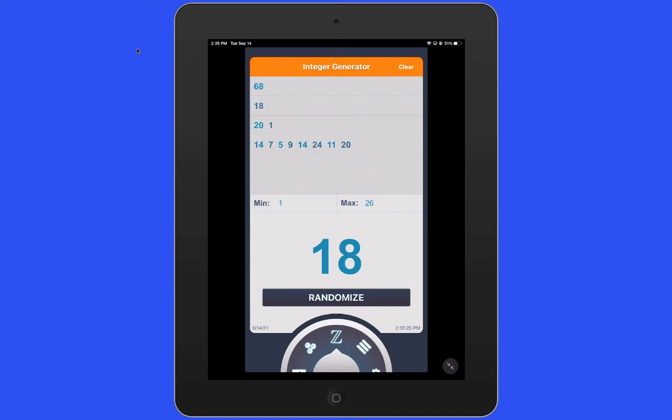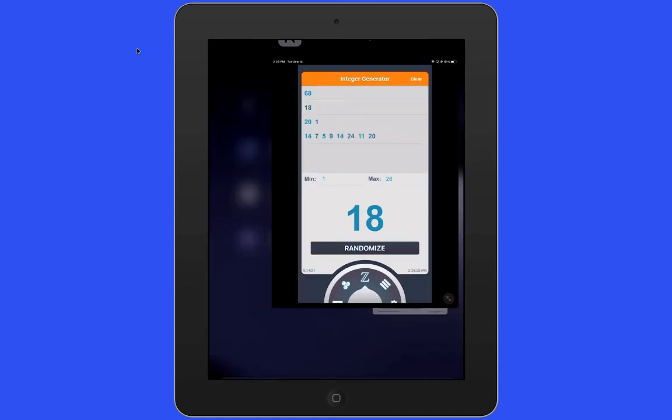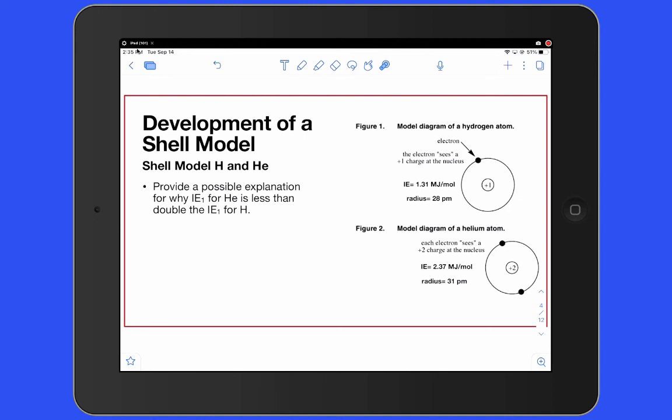Zoe. So the electron being further away from the nucleus. So distance, that's what you're saying? Is that a yes? Yes. Okay. So distance from the nucleus. You can see there, I've included the radius.